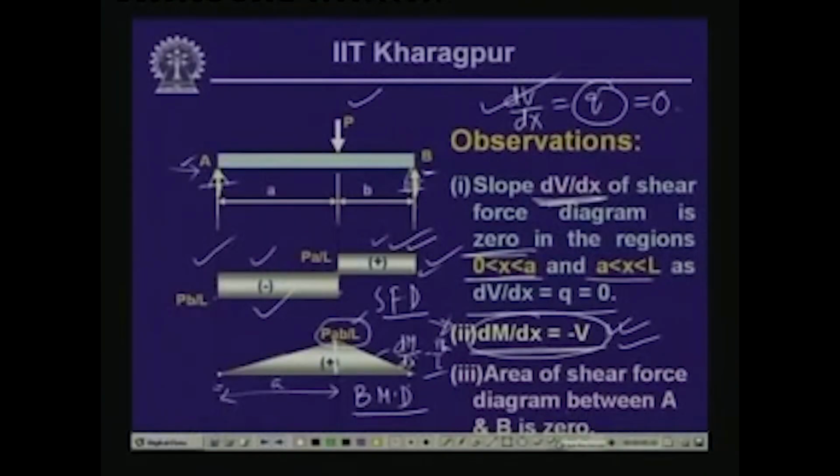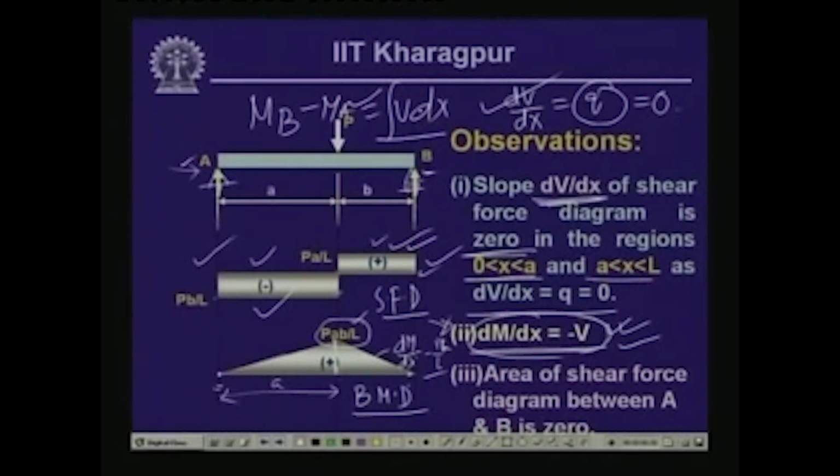Now, from this particular expression we can find out that integral of dM is equal to V times dx. So, if we calculate the bending moment values at these 2 points, MB minus MA is equal to integral V dx.